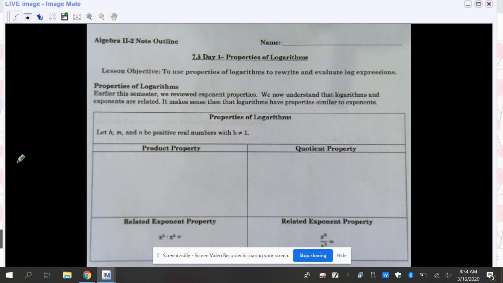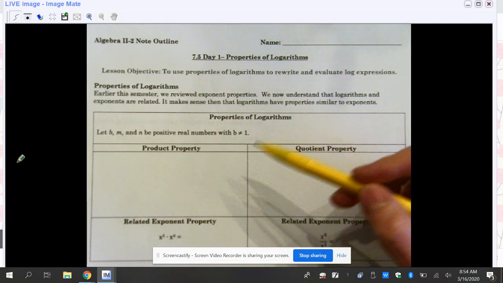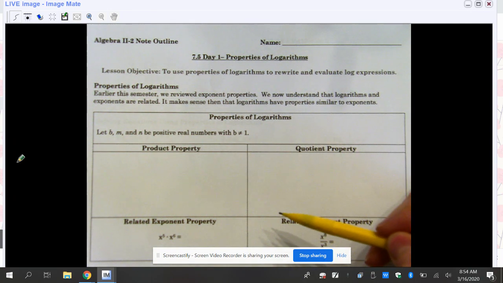One of the big things we talked about on Friday was how a logarithm and an exponent are inverse operations of each other. That also means that some of these properties are going to be related.